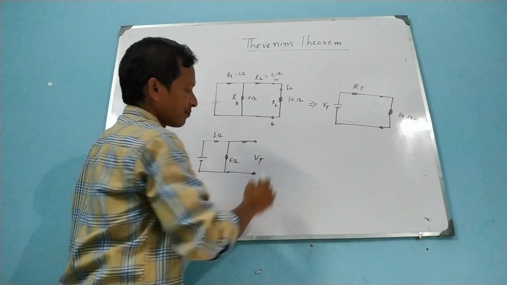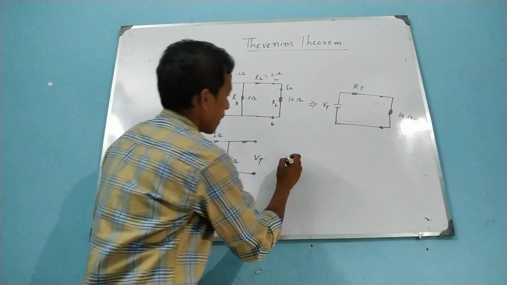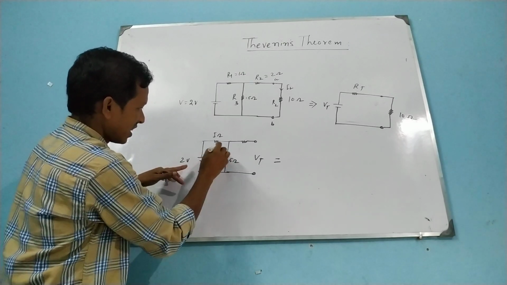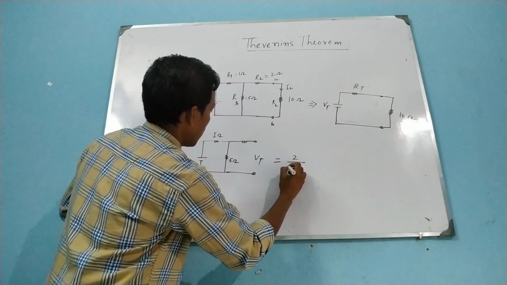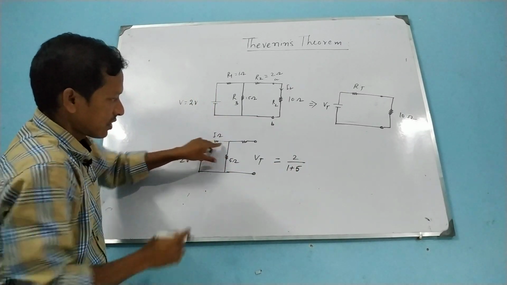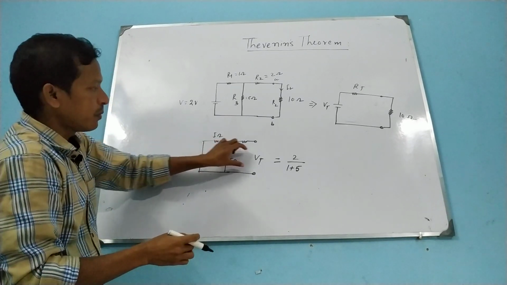This is the circuit diagram for the calculation of the Vt. So Vt will be: the current in the loop is 2 by 1 plus 5. This is the current, and the voltage across the 5 ohm will be Vt.